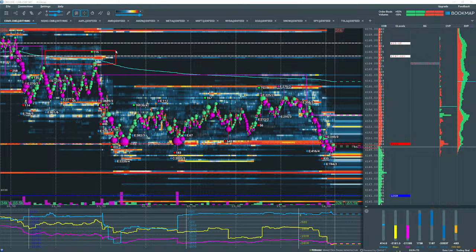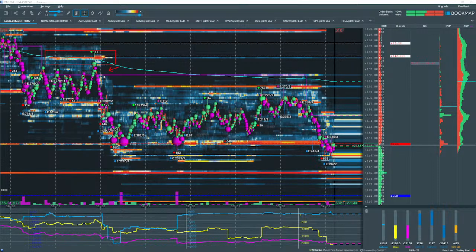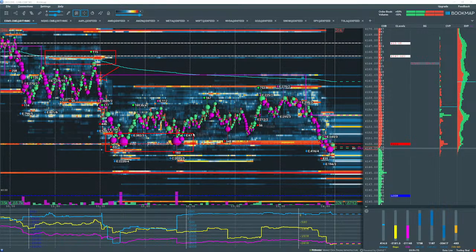Liquidity coming in, trying to get filled just below the 4140 resistance level. That's SPX 4150. And price reverses lower. Pink dots come in, and the price target down at the 4150 level, ES 4150.